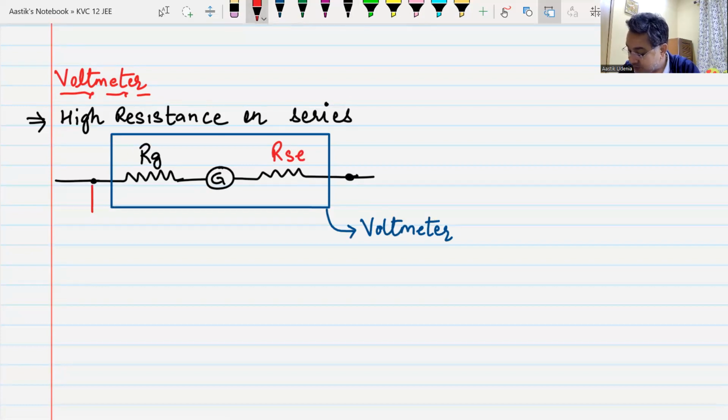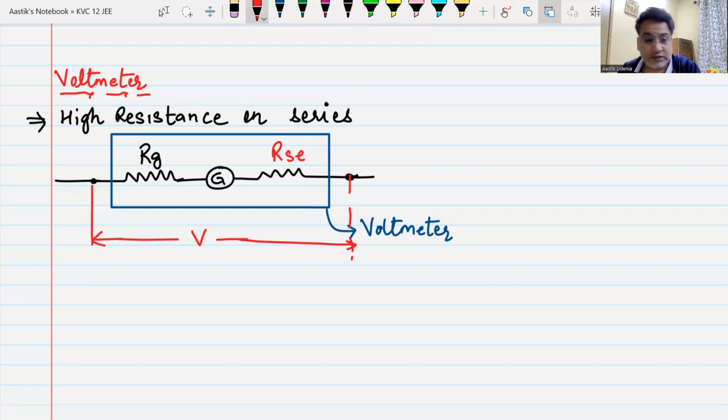If the maximum voltage across these 2 points that I have to measure is V, remember, this V becomes the range of the voltmeter. When we are measuring the maximum voltage, the maximum current that can flow here is Ig.